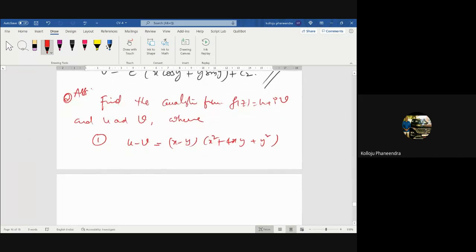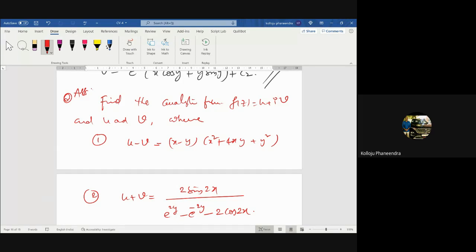I think we did this problem. No. Second one: u plus v equal to 2 sine 2x by e to the power of 2y minus e to the power of minus 2y minus 2 cosine 2x.